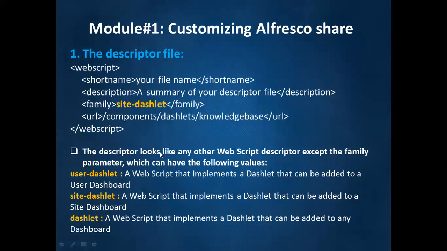The descriptor looks like any other web script descriptor except the family parameter, which can have the following values. Everything will be the same, just the family. You can change the family parameters depending on your needs or where you want to display your dashlet. User dashlet: a web script that implements a dashlet that can be added to a user dashboard.